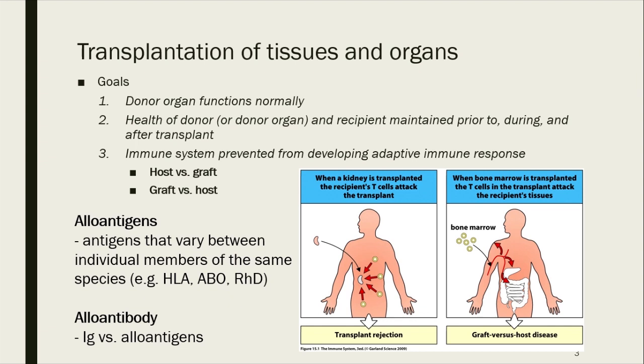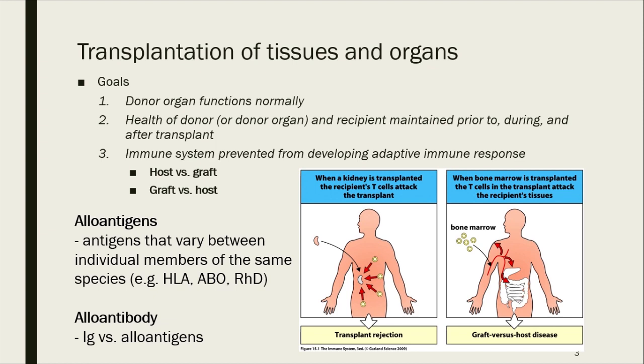When we are talking about transplantations of tissues and organs, and particularly organs, the first goal is to have the donor's organ function normally after transplantation. That is really the main thing. Otherwise, we will not do donor organ transplant. Second, the health of the donor as well as the recipient needs to be maintained during and after the transplant.